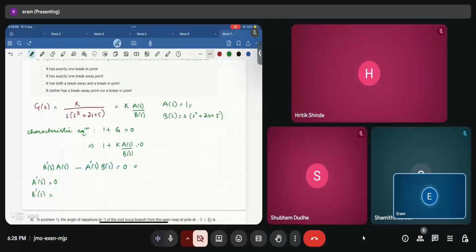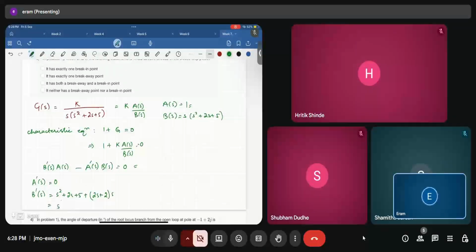B'(s) will be s square plus 2s plus 5, plus 2s plus 2 into s.